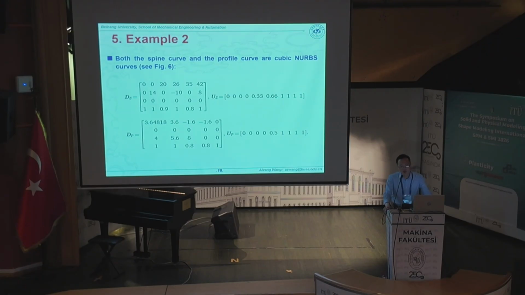In this example, both the spectrum and the profile are cubic NURBS curves, as shown on the previous slide, whose control point matrices and node vectors are DS, US, DP, and UP.